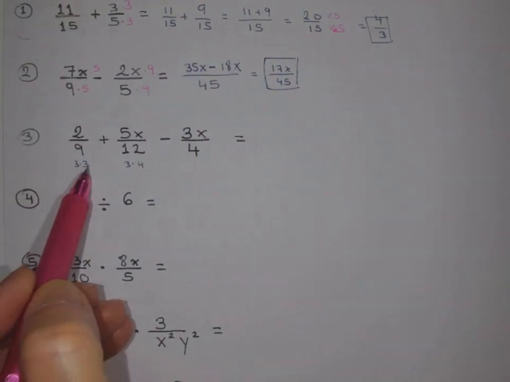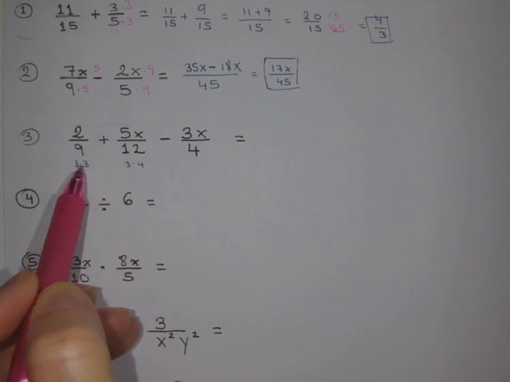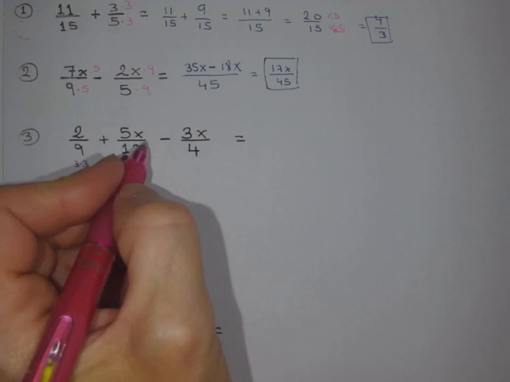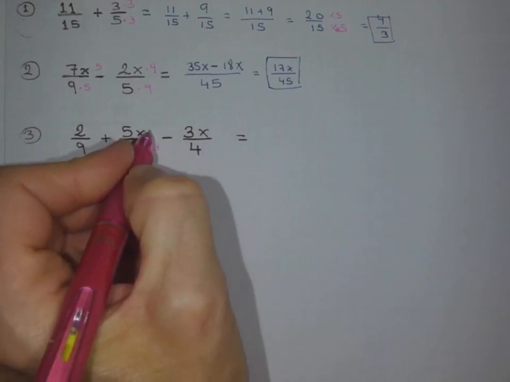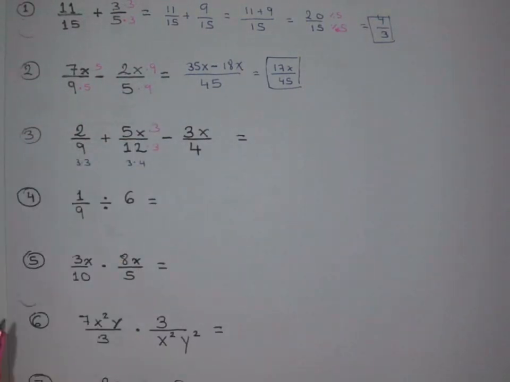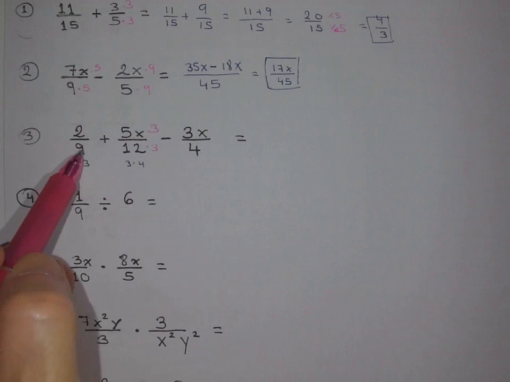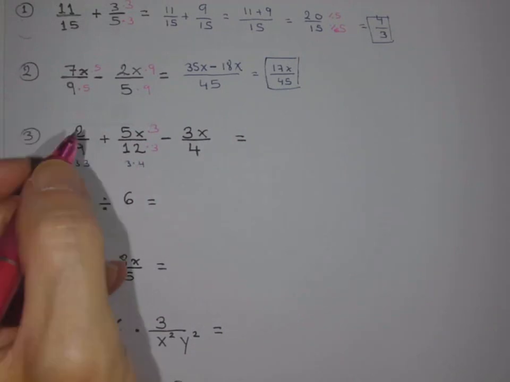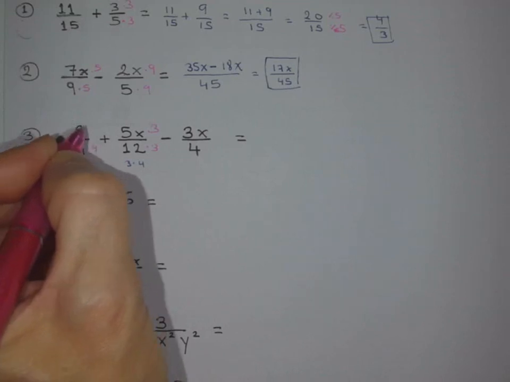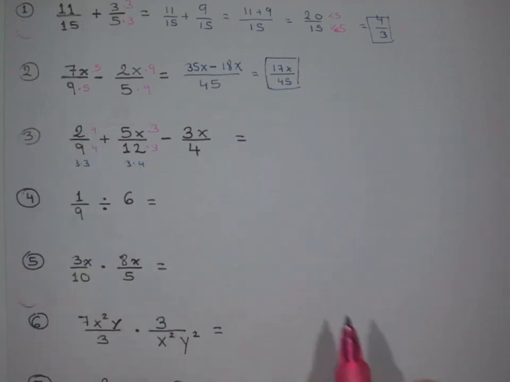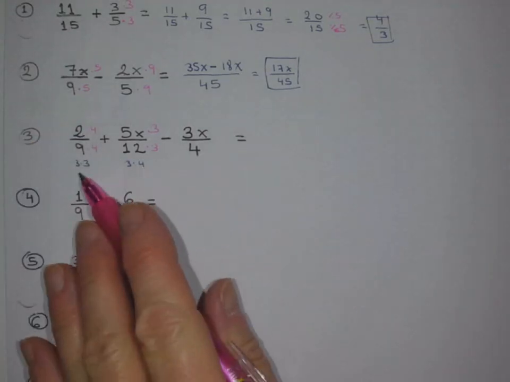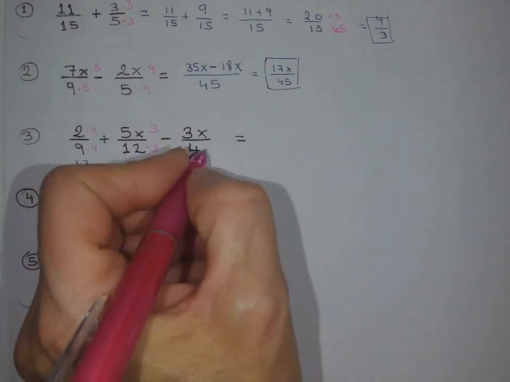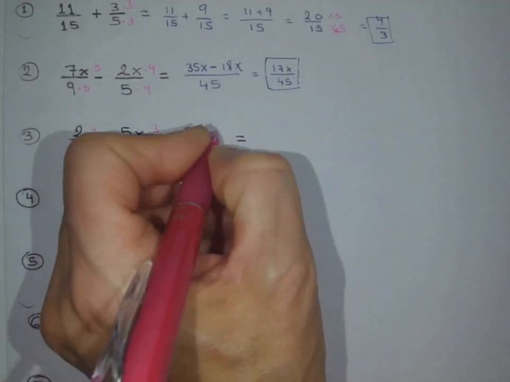I have 2 3's here, only 1 3 here, so I need another 3 here. Here I have 3 and 3, but I don't have a 4, so I need to multiply by 4. And then here I have the 4, but I'm missing the 9, right? The 3 times 3. I need 2 3's here, so I need to multiply this one by 9.